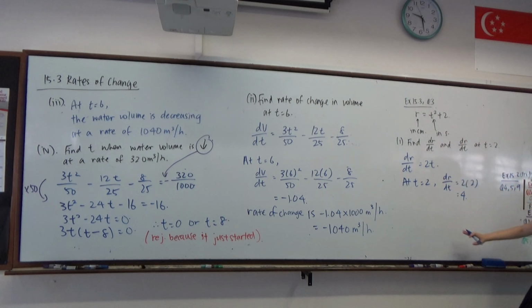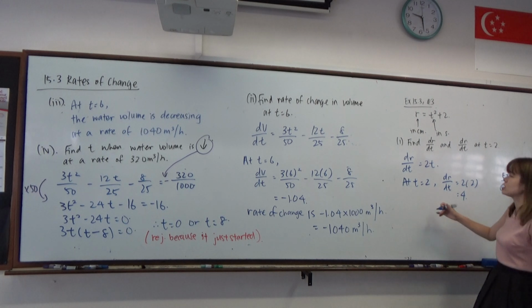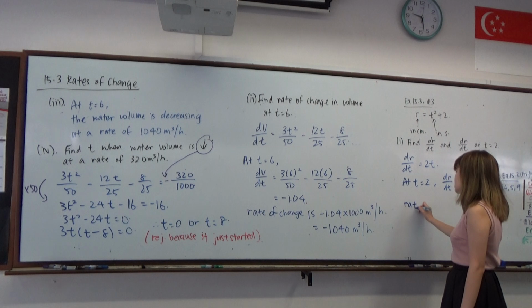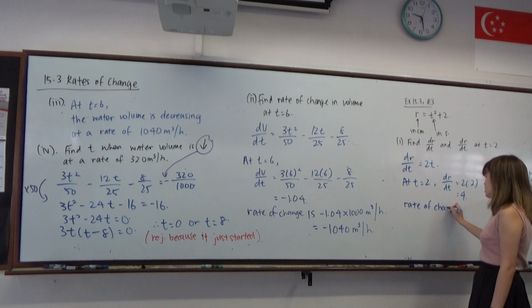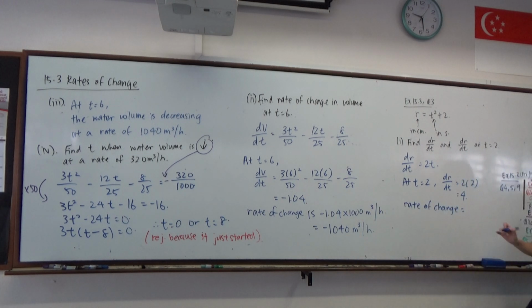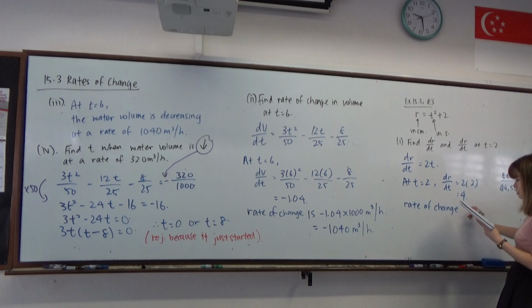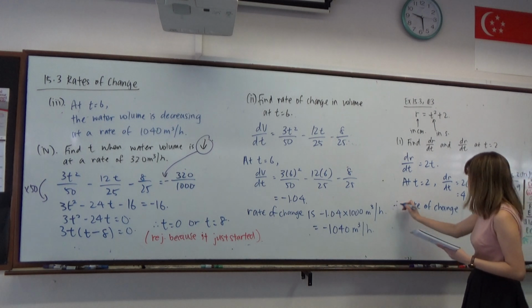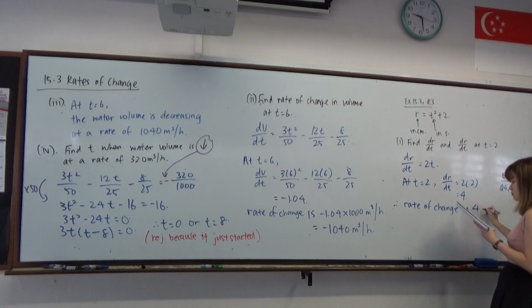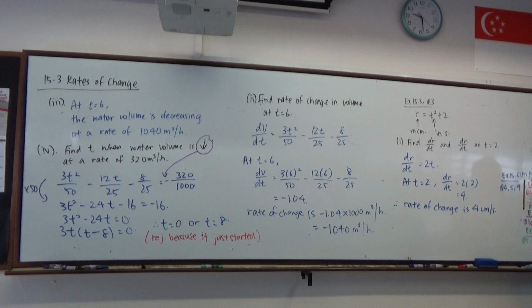When it comes to applications of differentiation, always write statements so that you don't get shortchanged for ambiguity. Rate of change. So the rate of change is 4 cm per second.